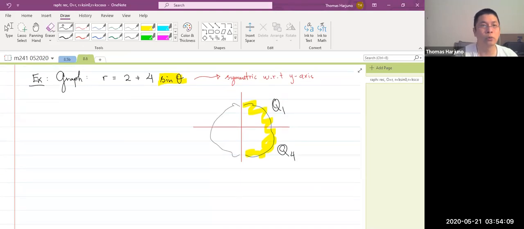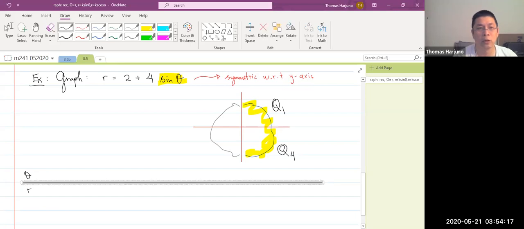So my theta will be, let's do quadrant 1 first, okay? Quadrant 1 will be 0 degrees, 15 degrees, 30 degrees, 45 degrees, 60 degrees, 70 degrees, 75 degrees, 90 degrees. That's for quadrant 1.